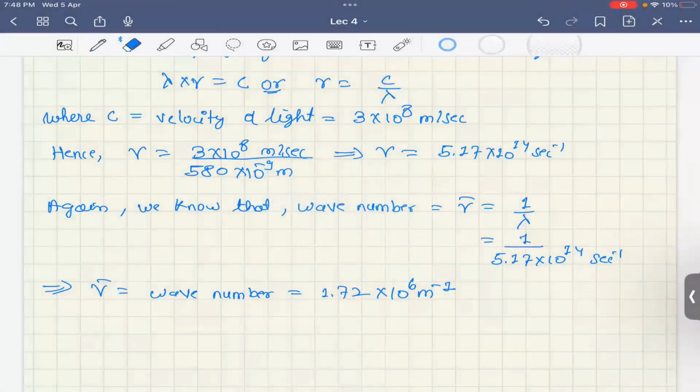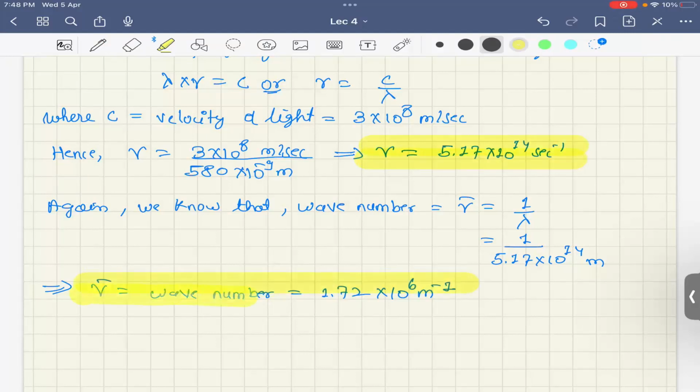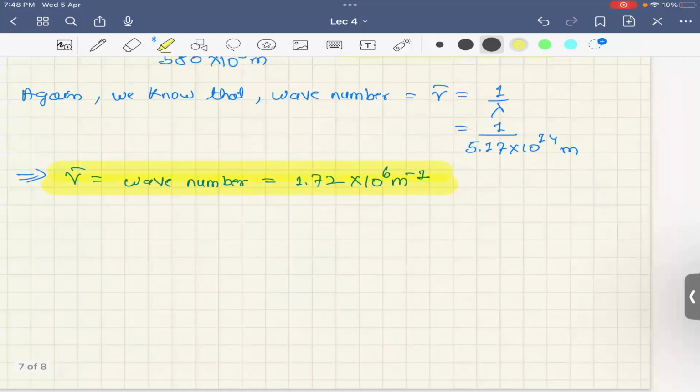Hence, what we have is its frequency is 5.17 × 10 raised to power 14 second inverse, whereas its wave number is 1.72 × 10 raised to power 6 meter inverse, right? So we'll move on to the next question.